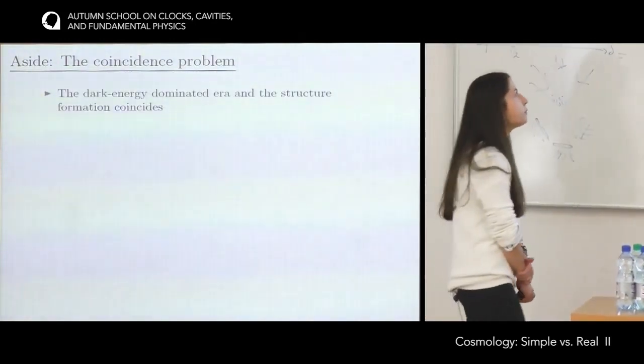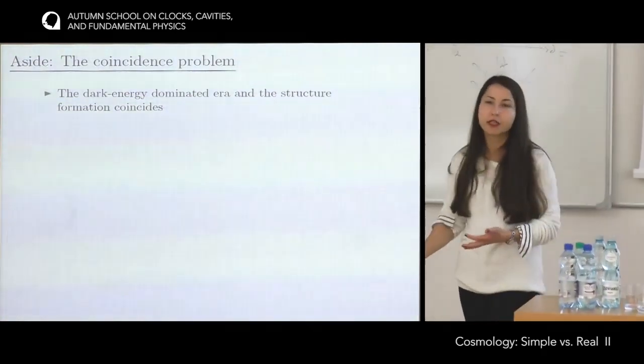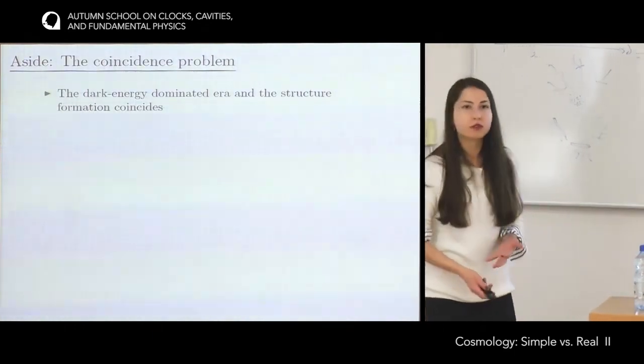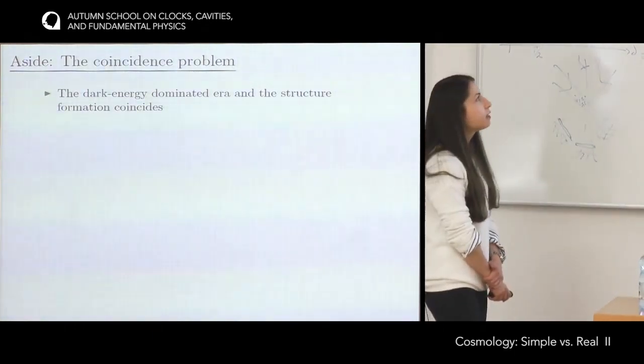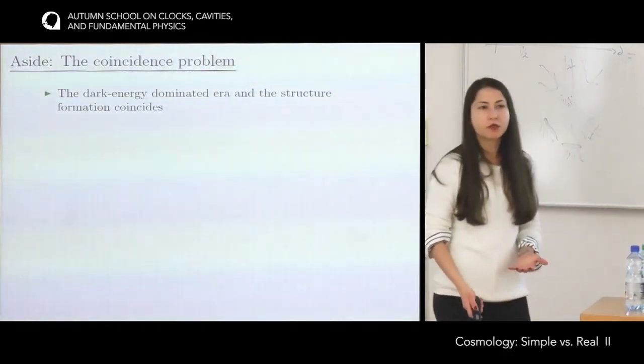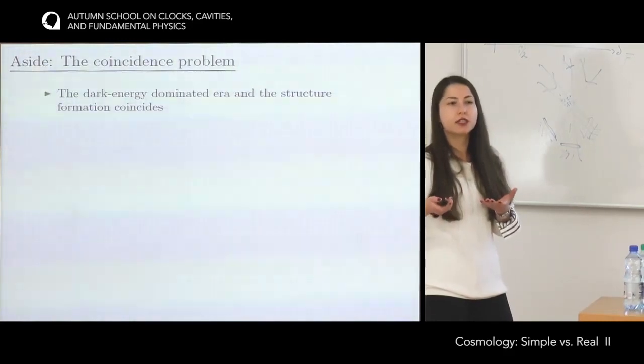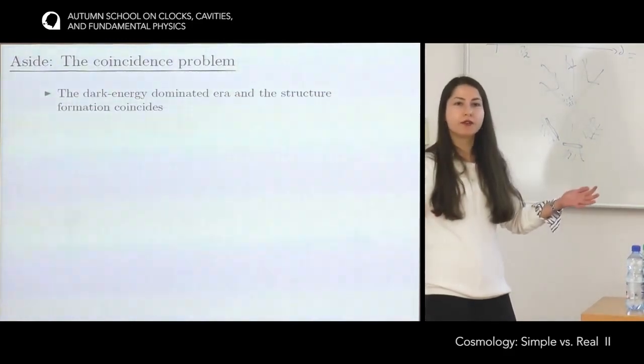People see it as a coincidence that dark energy starts dominating once structure starts to form. And these kinds of averaging techniques give an explanation for that, because it is the small-scale inhomogeneities that actually create this effective behavior.